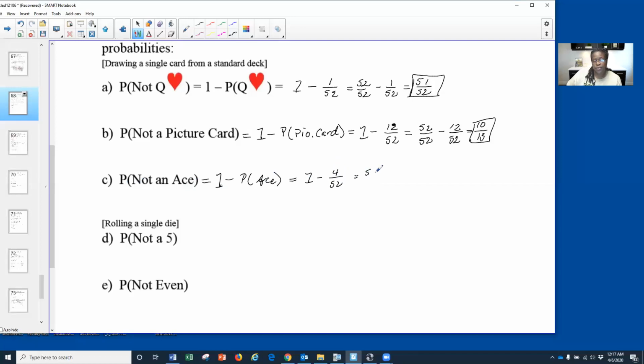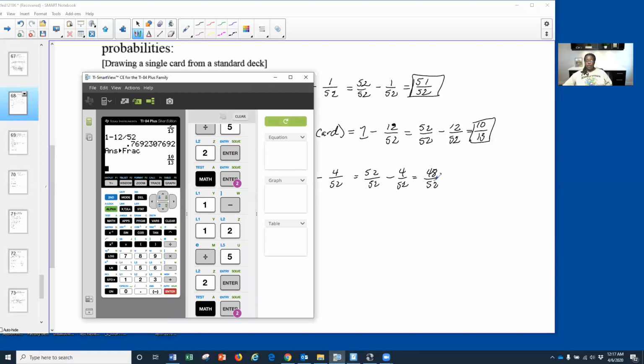So then we have 52 over 52 minus 4 over 52, which equals 48 over 52. All right, now do the math or use your calculator. Again, you can put 48 divided by 52 in the calculator. Please make sure you're using your calculator while you're doing your homework so you can be familiar with it. And then you get 12 over 13.